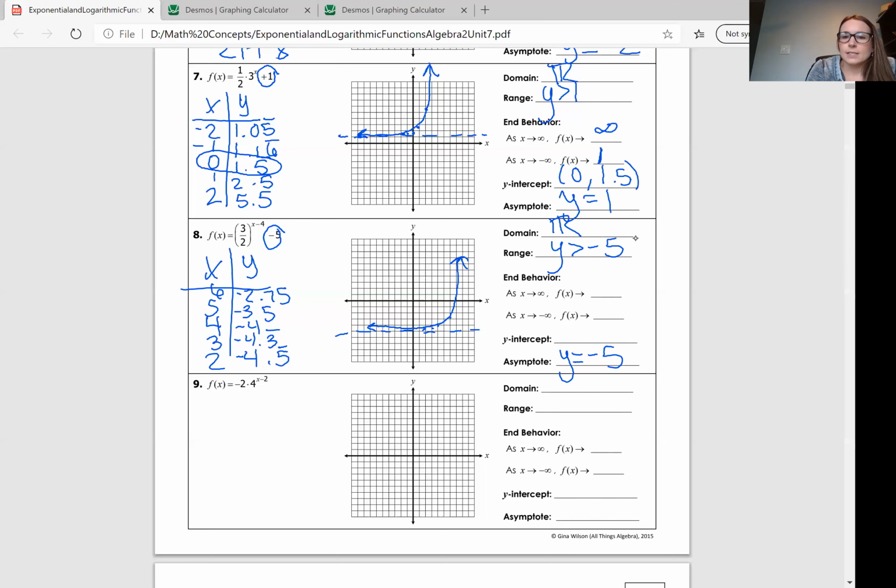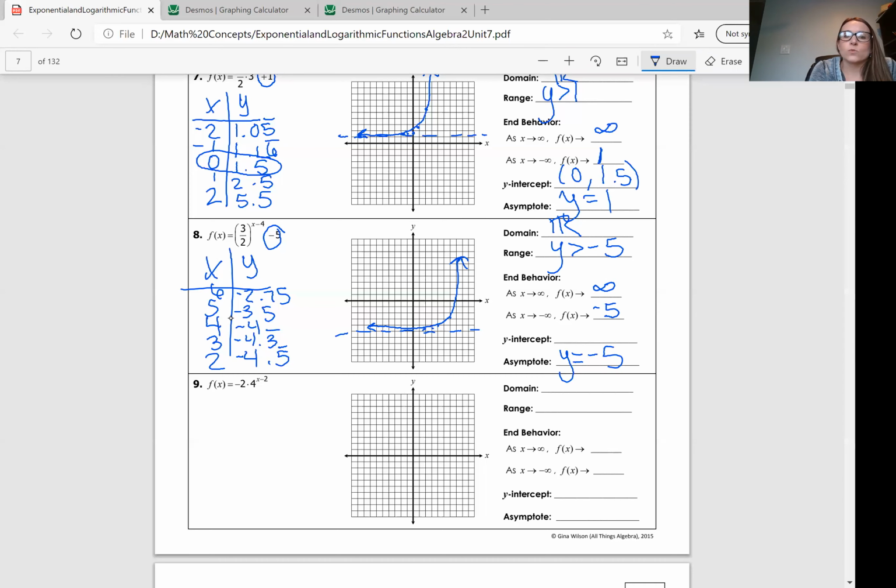And behavior, as x approaches positive infinity. As your x values are positive, what's happening to your graph? Well, it's going up, so your y values are going towards positive infinity. As your x values are negative, so this part of the graph here, what's happening? Well, your graph is going closer and closer to negative 5.